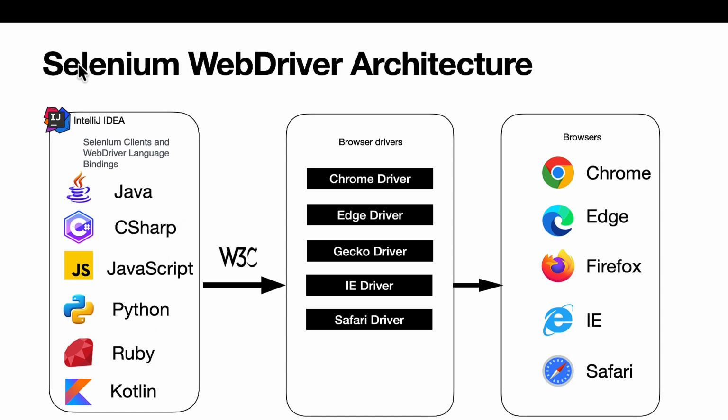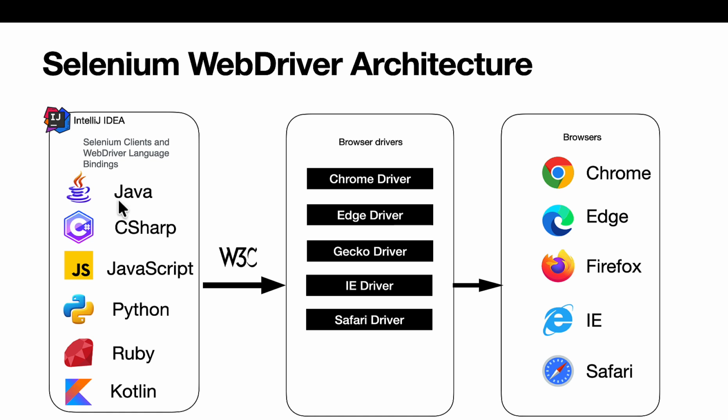If you are new to Selenium WebDriver, first you need to learn any one programming language. Either learn Java, C#, JavaScript, Python, Ruby or Kotlin. Once you learn one of these languages, you can utilize these bindings.